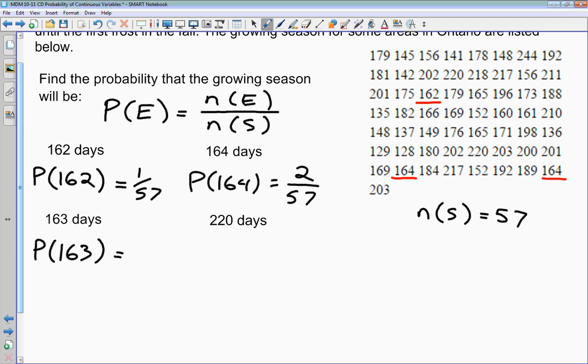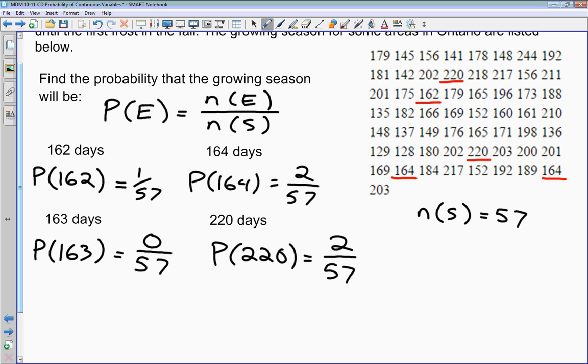We scan through our list, and scan again, and keep scanning, and find that 163 does not occur anywhere on our list. So our probability is 0 out of 57. Then the probability of 220 days. We go through our list and find that 220 occurs twice, here and here. So the probability that the growing season would be 220 days is 2 out of 57.